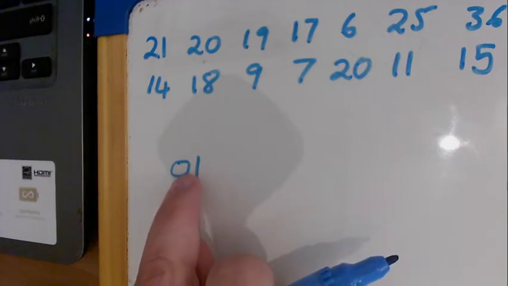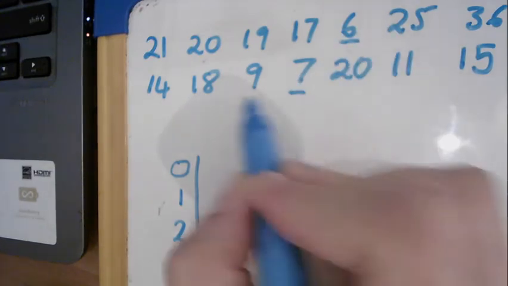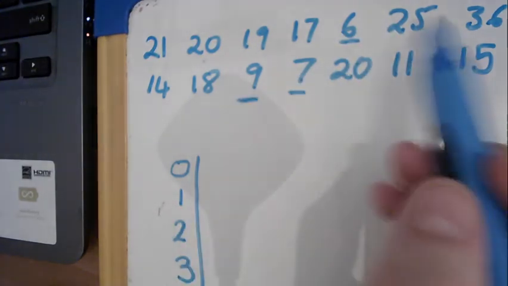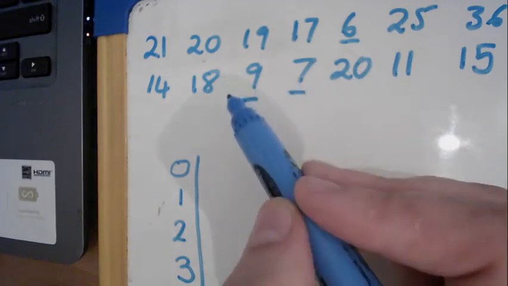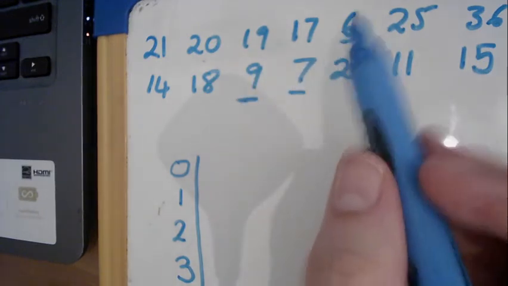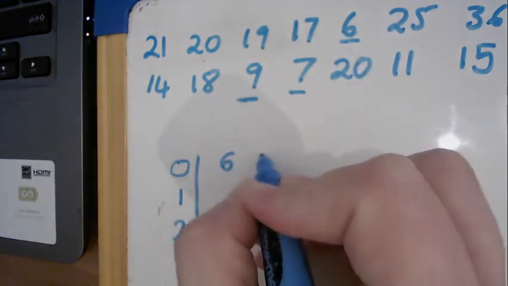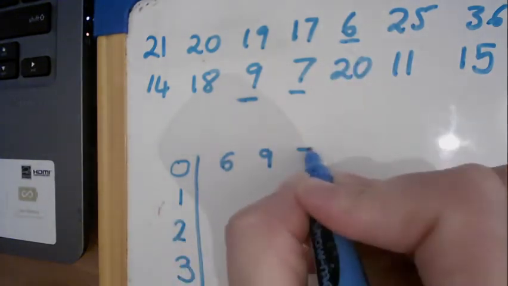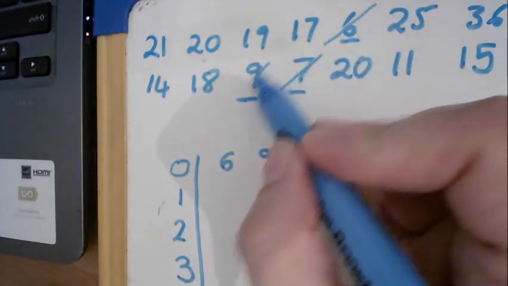So let's have a look. What doesn't have 2 digits? The 6, the 7, and the 9. We could have written them as 06, 07, and 09. So what we do now is we write those three numbers in. 6, 9, and 7. I'm going to cross them off because I've used them up.